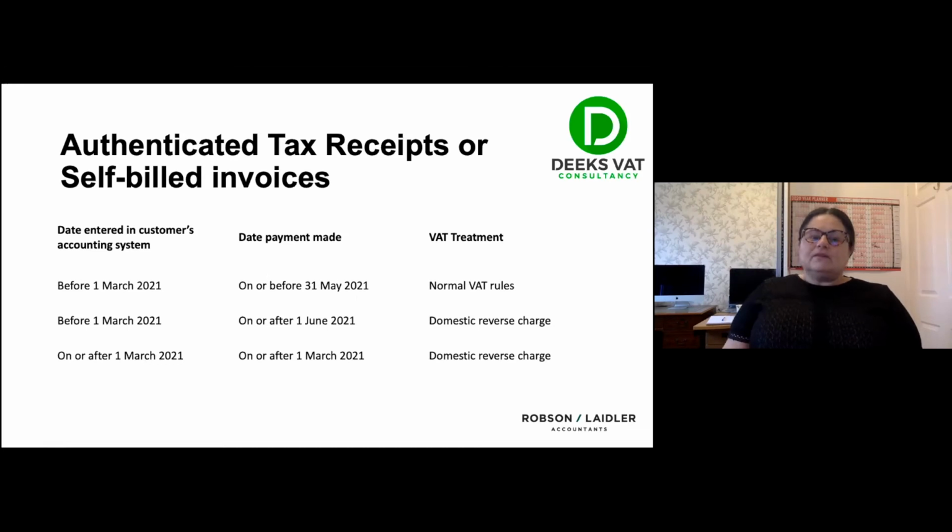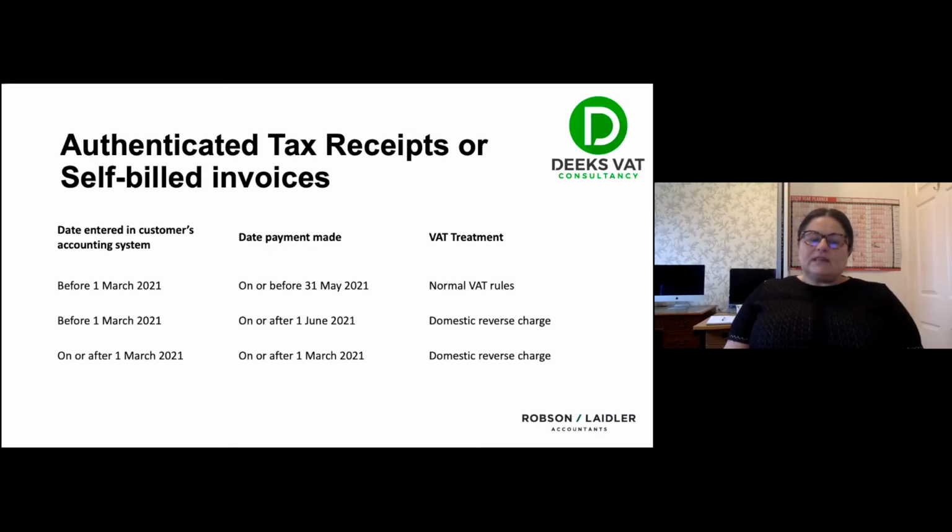So if the customer's entered on the accounting system prior to the 1st of March, but they don't make a payment until on or before the 31st of May, again, the normal VAT rules apply and the supplier should charge VAT. If the customer's entered on the accounting system before the 1st of March, but payment isn't until on or after the 1st of June, then it's the domestic reverse charge that applies.